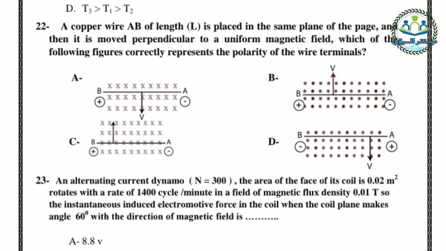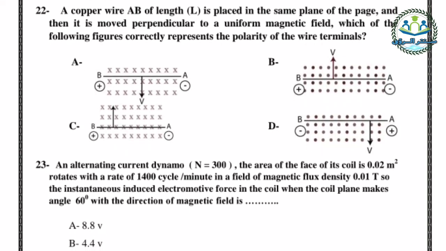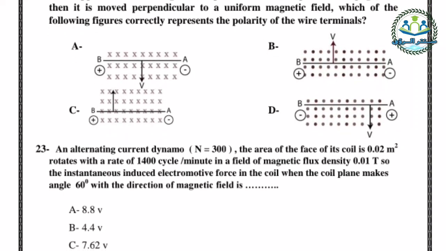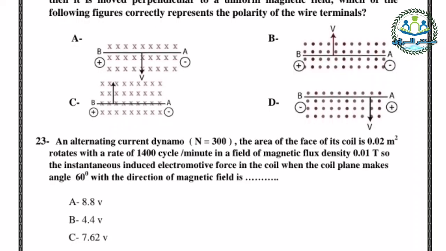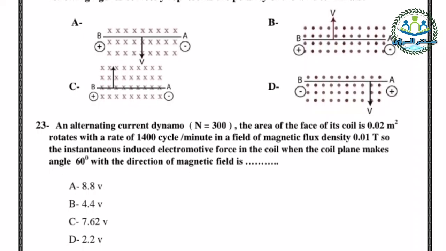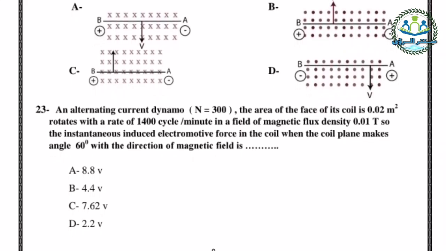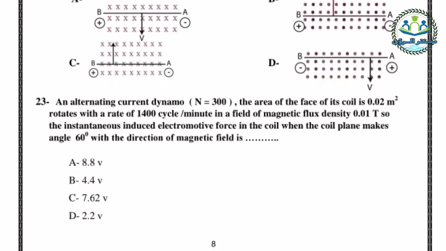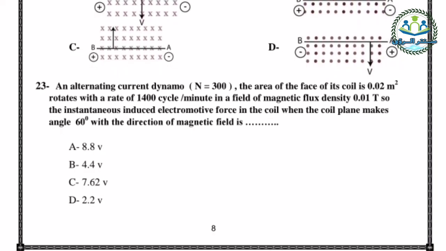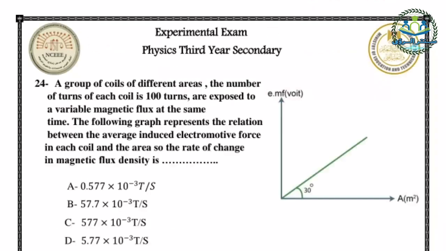The area of the face of its coil is 0.02 m², rotates at a rate of 1400 cycles/minute in a field of magnetic flux density 0.01 T. So the instantaneous induced electromotive force in the coil when the coil plane makes an angle 60° with the direction of the magnetic field is ... A. 8.8 V, B. 4.4 V, C. 7.62 V, D. 2.2 V.